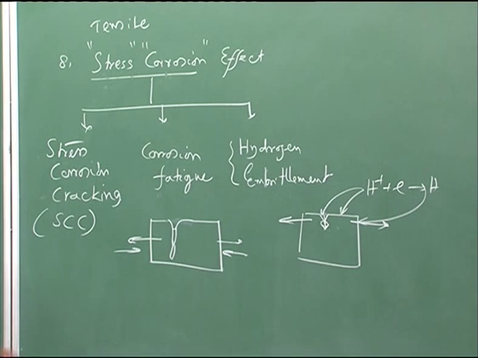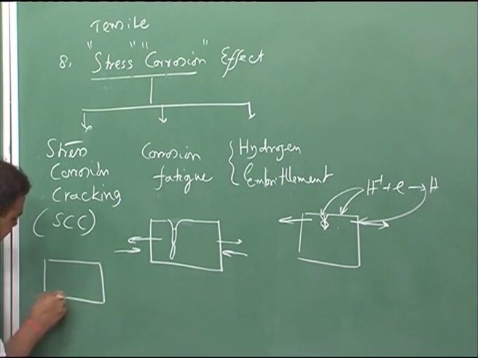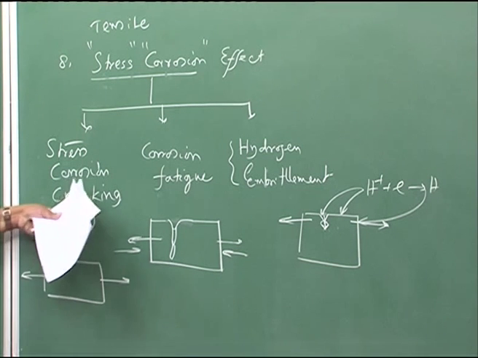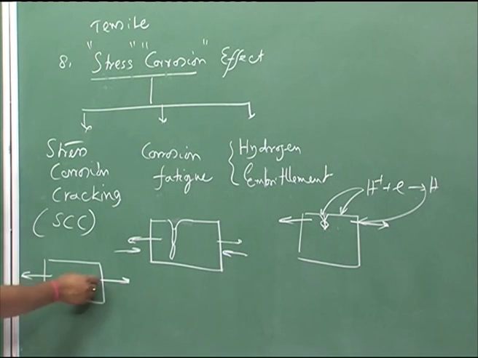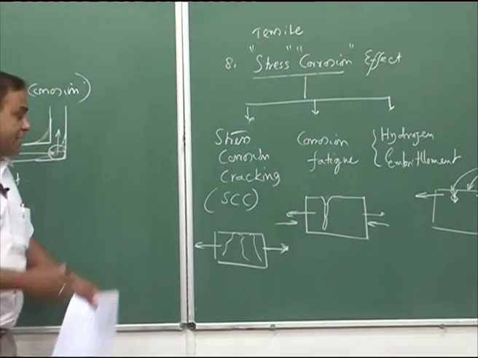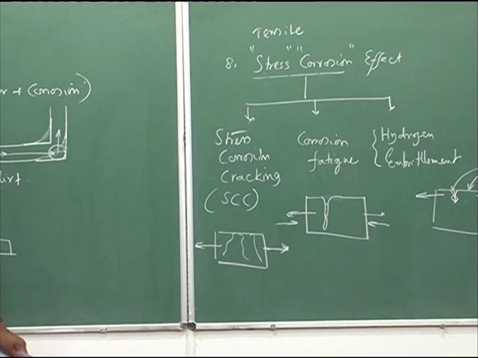And in the stress corrosion effect, the component is under constant tensile stress, and that tensile stress should be below the yield stress. That means if we do not have corrosion, it will not have any yielding, but since we have corrosion and also a stress component which is tensile in nature, we can have a catastrophic failure.